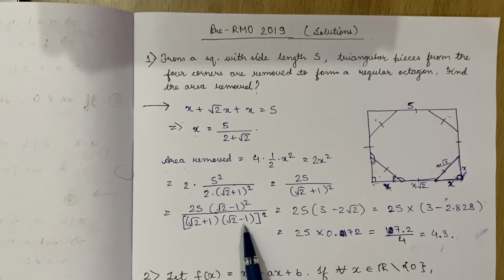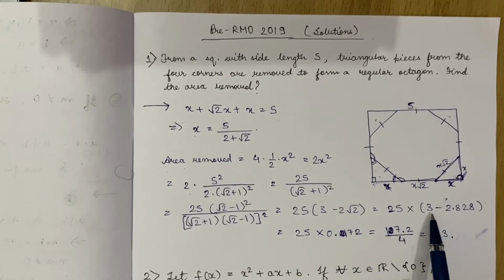In the denominator, root 2 plus 1 times root 2 minus 1 becomes root 2 whole square minus 1 square, which is 2 minus 1, which is 1. So overall I have 25 times root 2 minus 1 whole square. Root 2 minus 1 whole square is 3 minus 2 root 2.